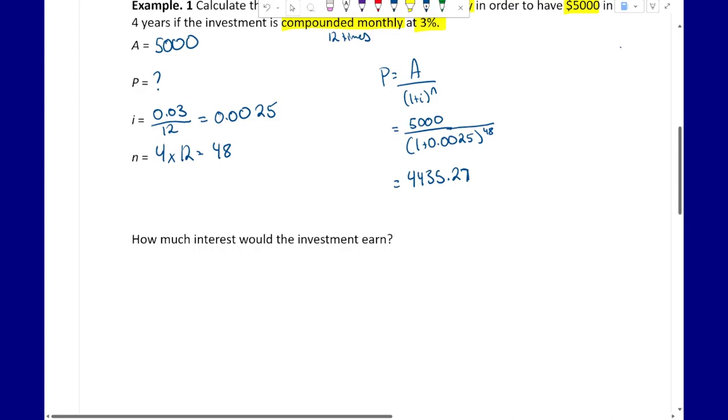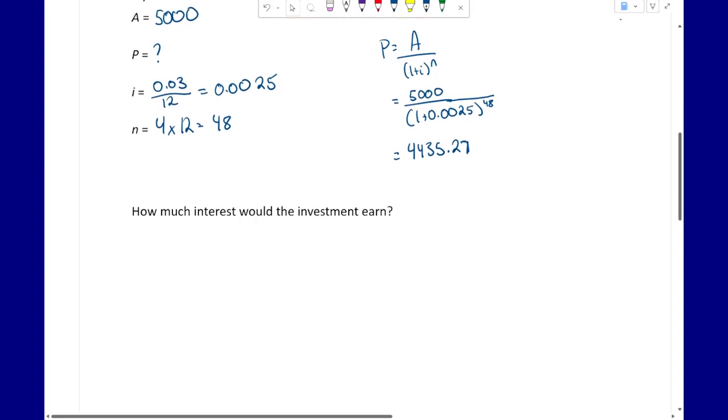Second part is asking how much interest would the investment earn? So this is kind of going back to when we looked at simple interest. We do know the future amount, and if we subtract the present amount, that difference is going to be how much interest we would earn.